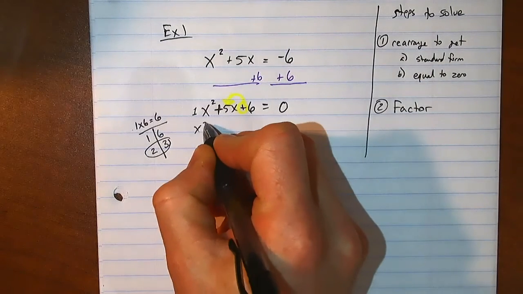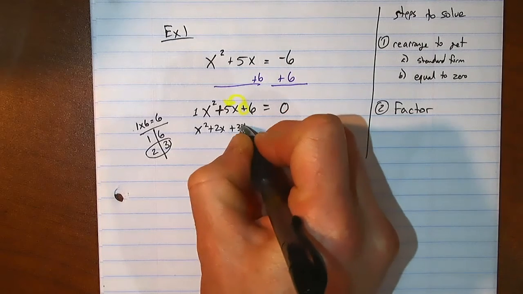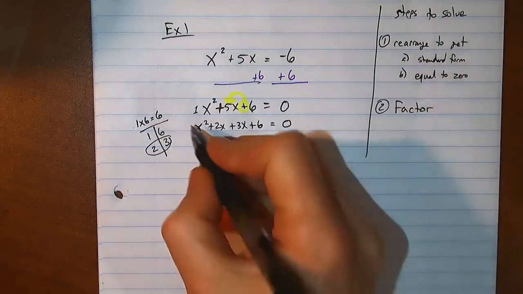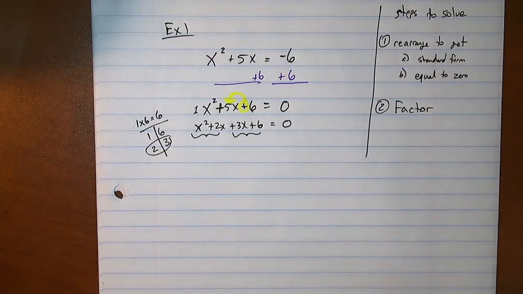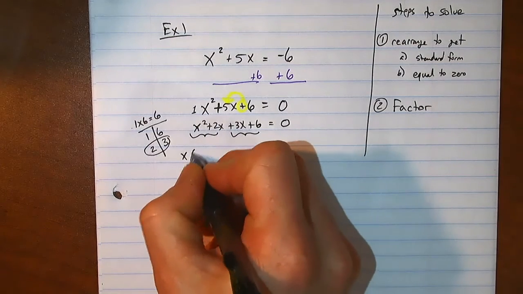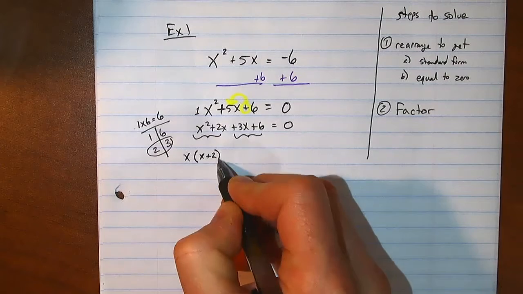So I've got x squared plus 2x plus 3x plus 6. And then I can use grouping, the method we learned. In my first group, they both have x's in common, and if I factor out an x, I'm going to end up with an x plus 2.